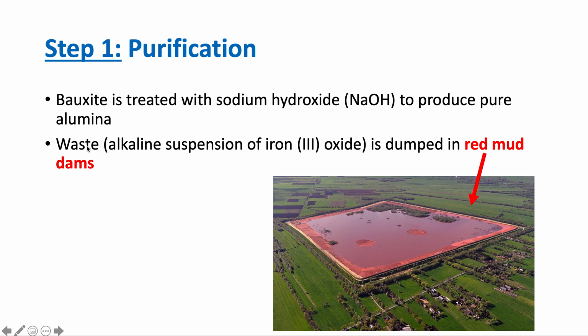Now, pure alumina, its formula is Al2O3. Now, the waste from treating your bauxite to produce pure alumina is an alkaline suspension of iron(III) oxide, and it's dumped into red mud dams, which is pictured here.